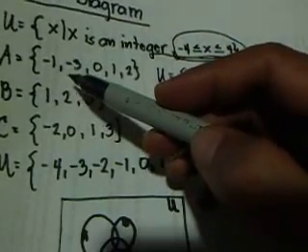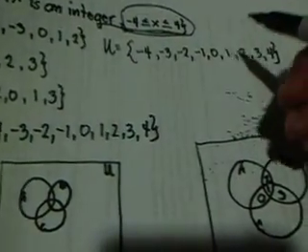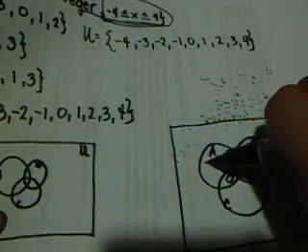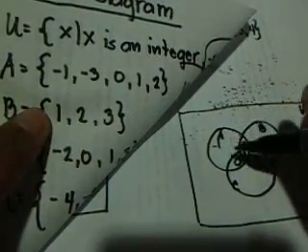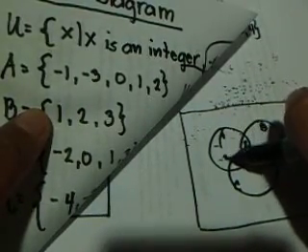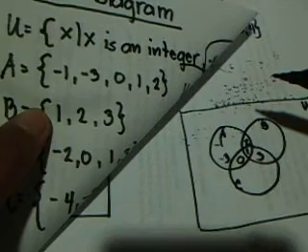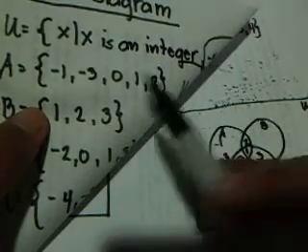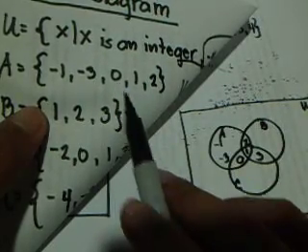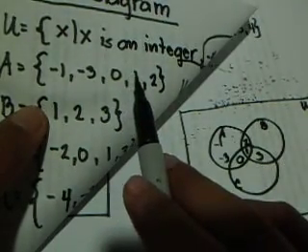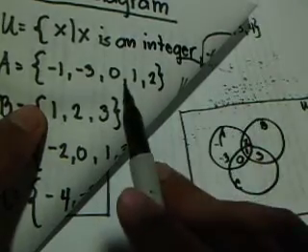Now the rest of the elements can be written. From A we have -1. What else? We have -3. Okay, now we have -3. 0 is an element of A, 1 is an element of A, and 2 is an element of A. How about for B?